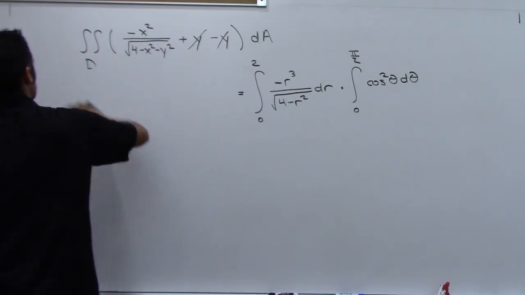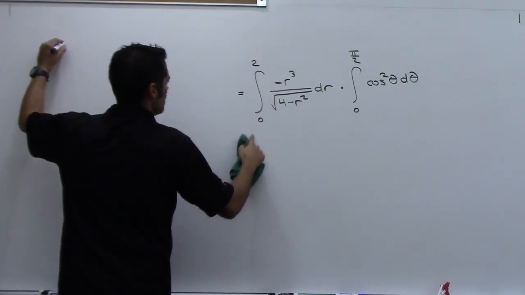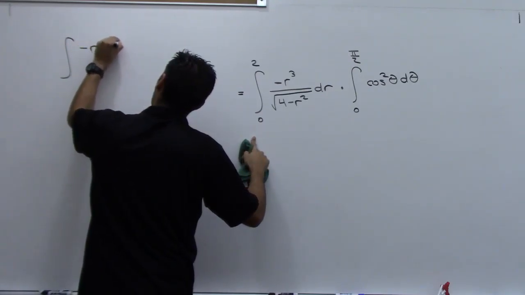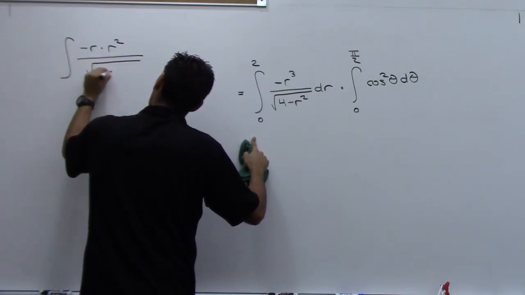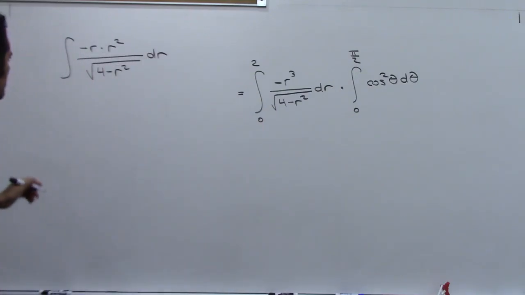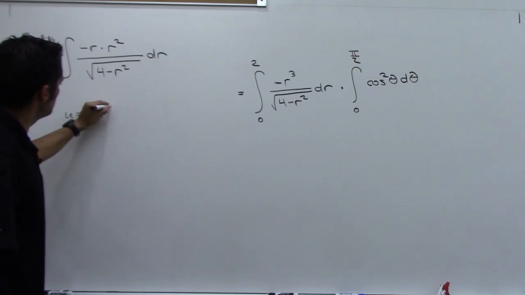And that first integral, let me just look at this. How about being a little clever here? Rewriting it like this. And then I'm going to make a substitution here. U is equal to 4 minus r squared.